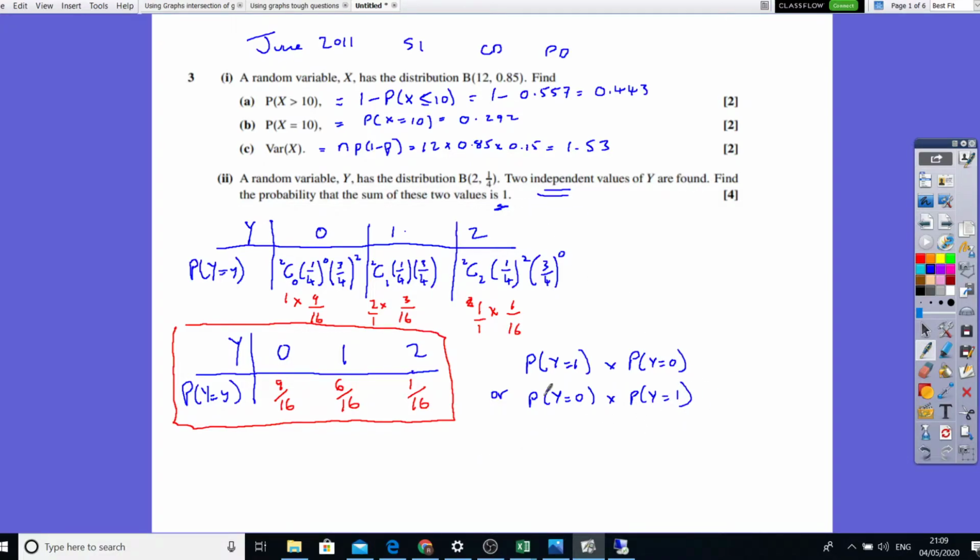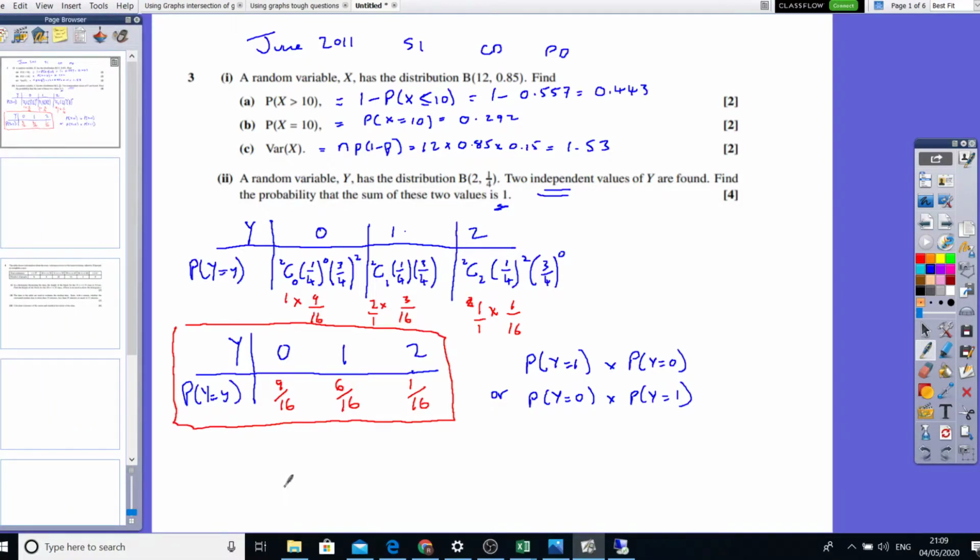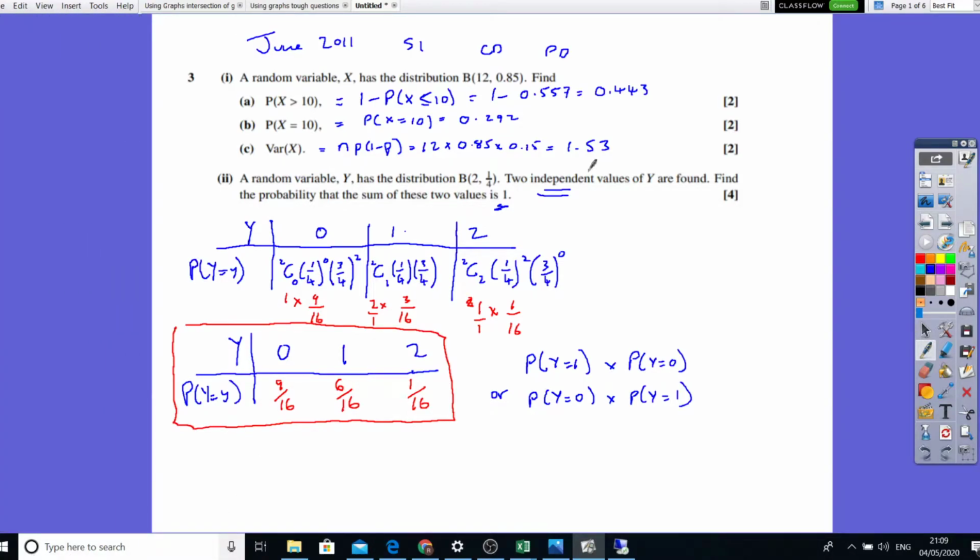Okay, so if we set this up, we know that the probability of getting 1 is going to be 6 over 16, multiplied by the probability of getting no successes, which is going to be 9 out of 16.